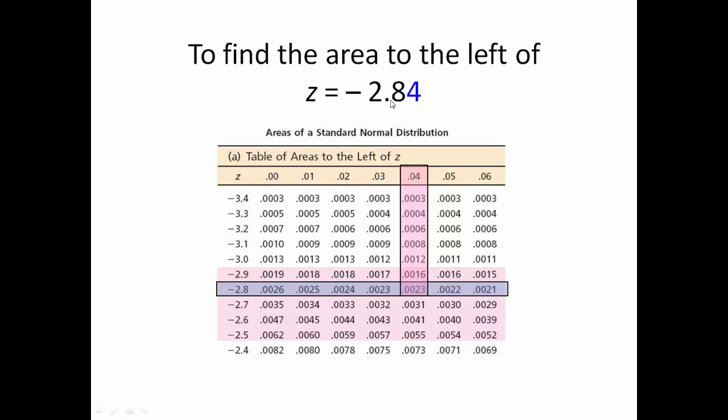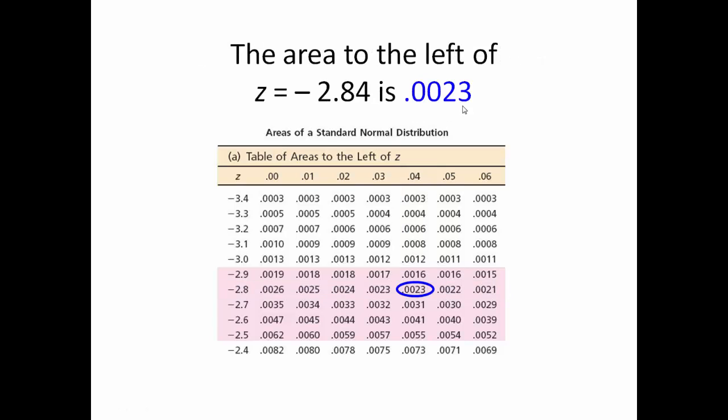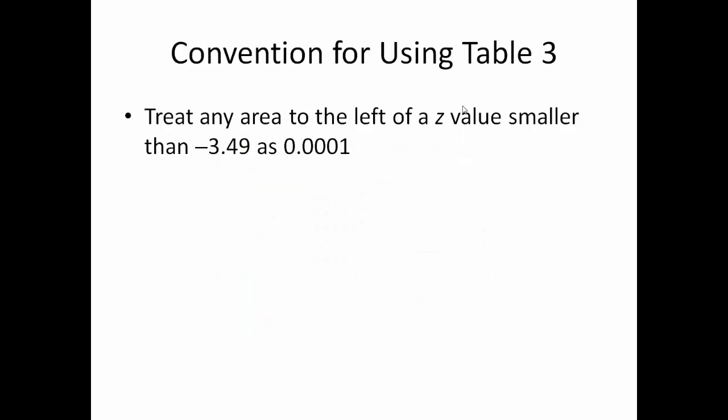So I'm going to go to the second decimal place, which is here, 0.04, and when the column and the row meet, this tells me the area under the curve to the left of negative 2.84. That area is 0.0023 or 0.23%.